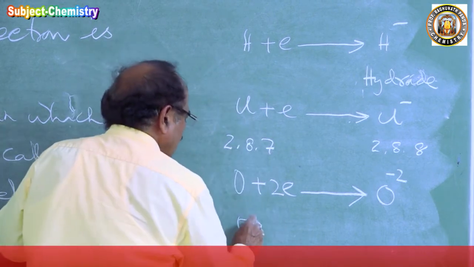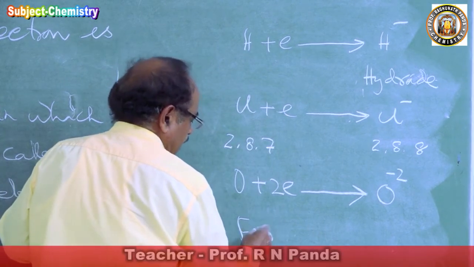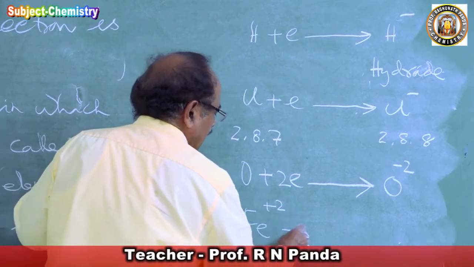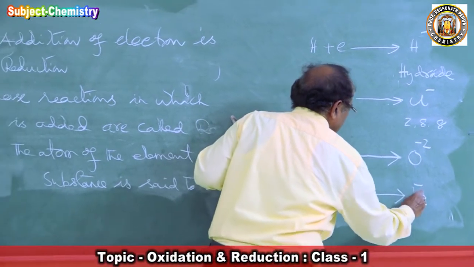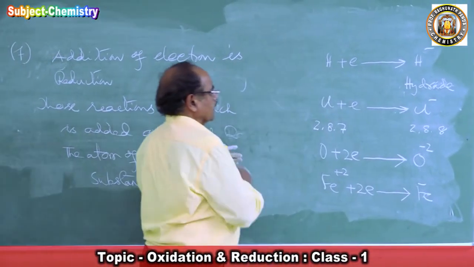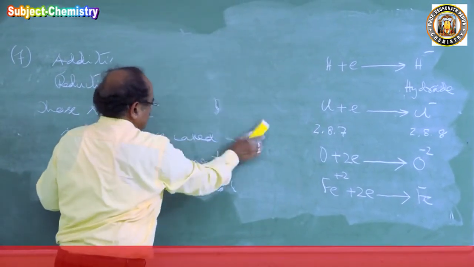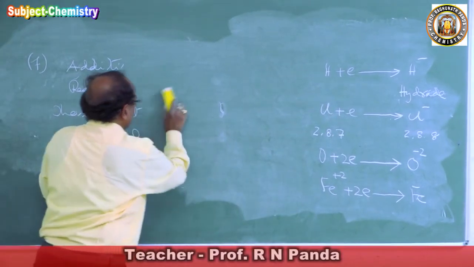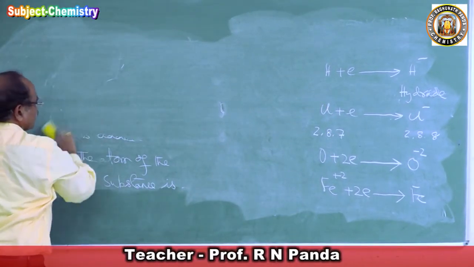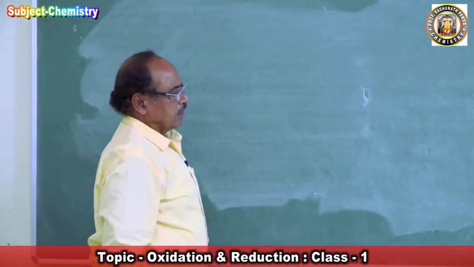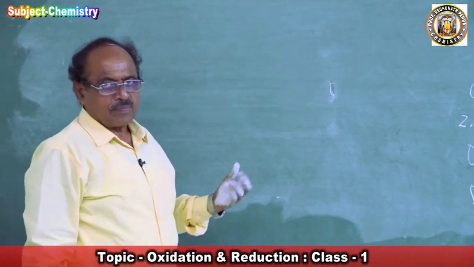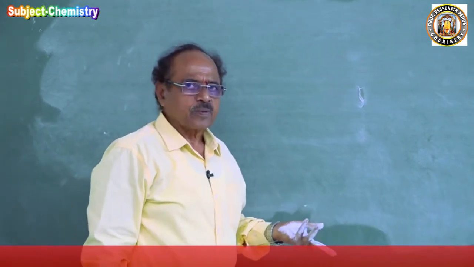Or we have iron, Fe+2, and we add 2 electrons to this, and this becomes iron metal. The process is reduction. Almost all the metals are prepared by electrolytic reduction of their compounds, electrolytic reduction, carbon reduction. We will be reading many processes.